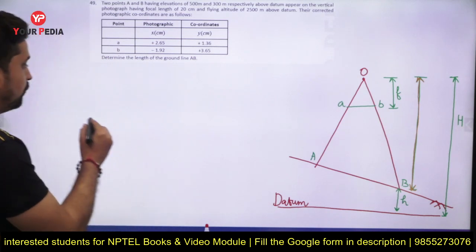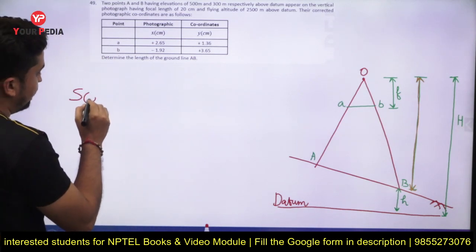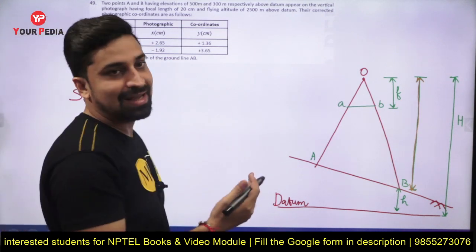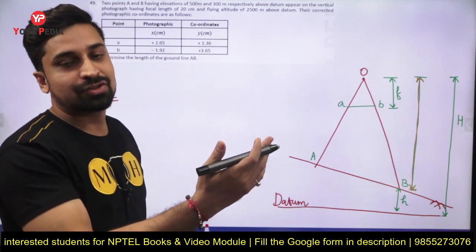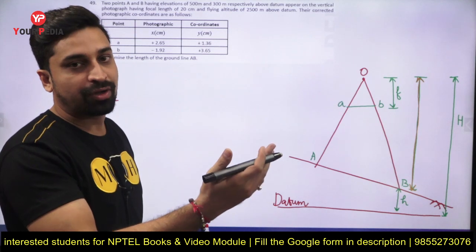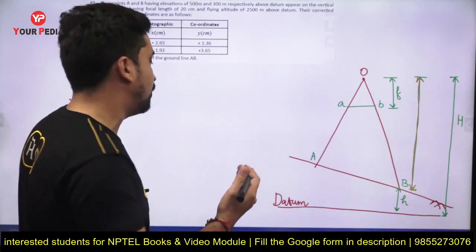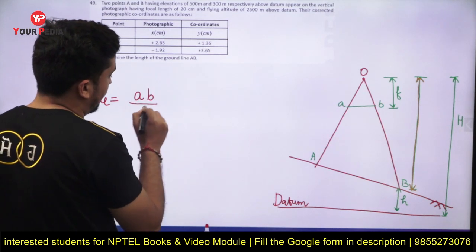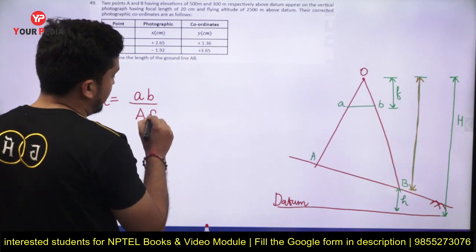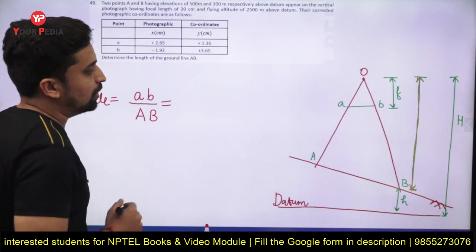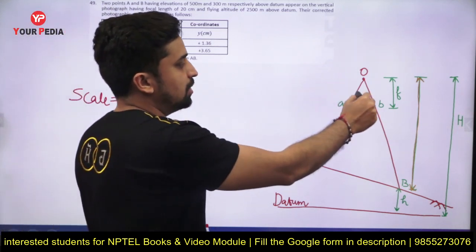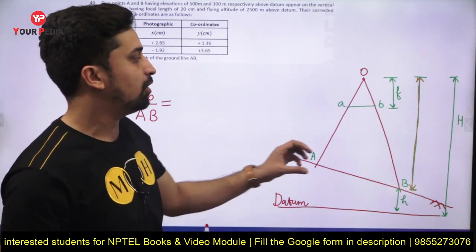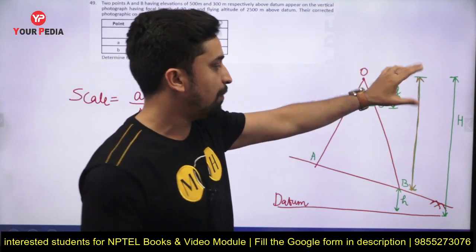Therefore the scale of this photograph will be equal to, since we know scale is the distance of the line on the photograph upon the distance of the line on the ground, small ab upon capital AB. As these triangles are similar, this will also be equal to small f upon this length.